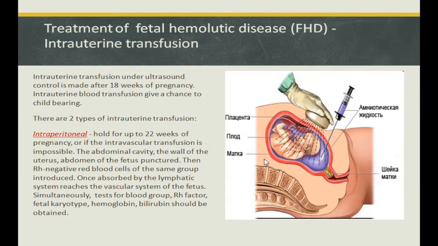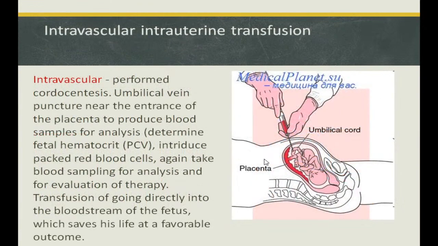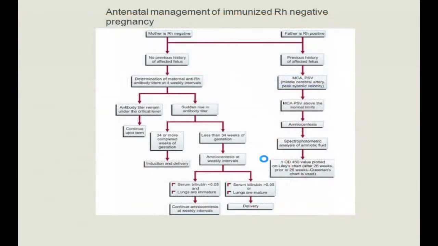The abdominal cavity of the fetus is punctured through the wall of the uterus and abdomen, and then rhesus negative red blood cells, as we already told how to prepare, washed, filtered, and resuspended, of the same group, have to be introduced, and once absorbed by the lymphatic system they reach the vascular system of the fetus, helping us to support his vital function. And intravascular, under the control of ultrasound, we puncture the umbilical cord vein, for example by chordocentesis, and enter a special volume of blood, which is specially prepared, as we already told on the previous slide.